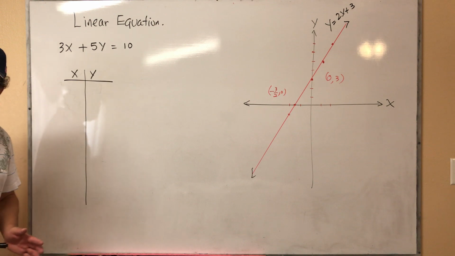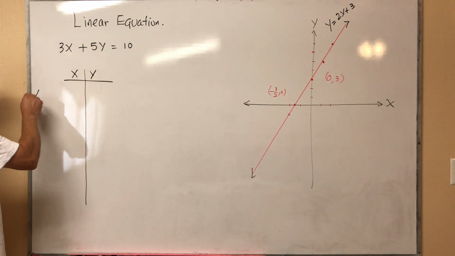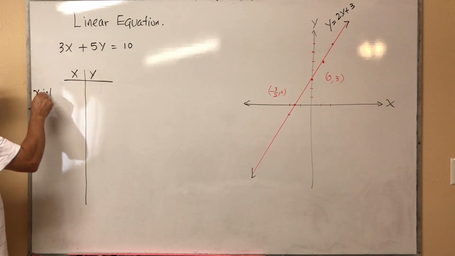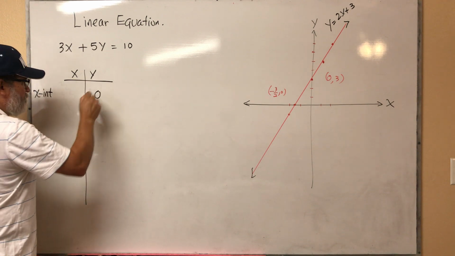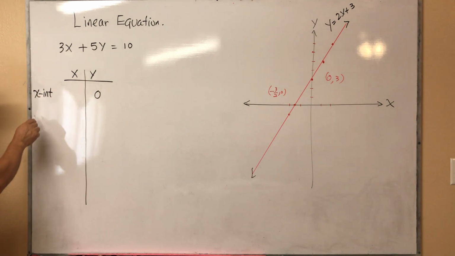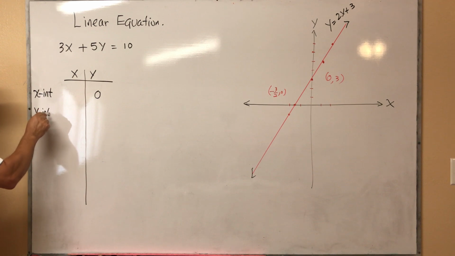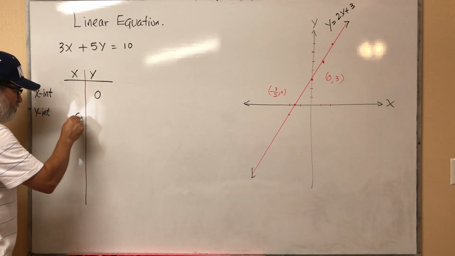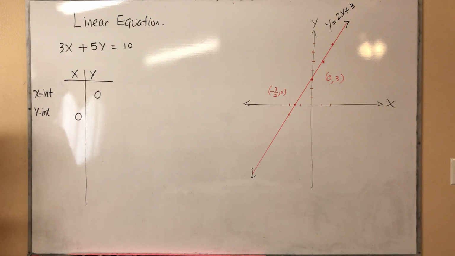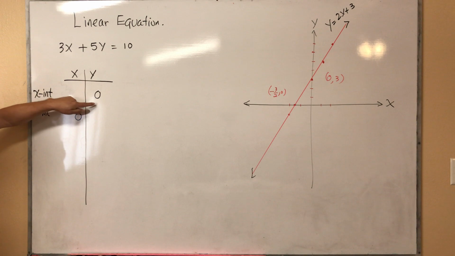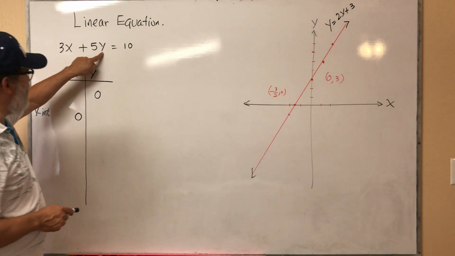How do you find the x-intercept? Let y be 0. Let's also find the y-intercept. How do you find the y-intercept? Let x be 0. Okay. Let's do the first one. How do you find the x-intercept? Let y be 0. So plug in y there.